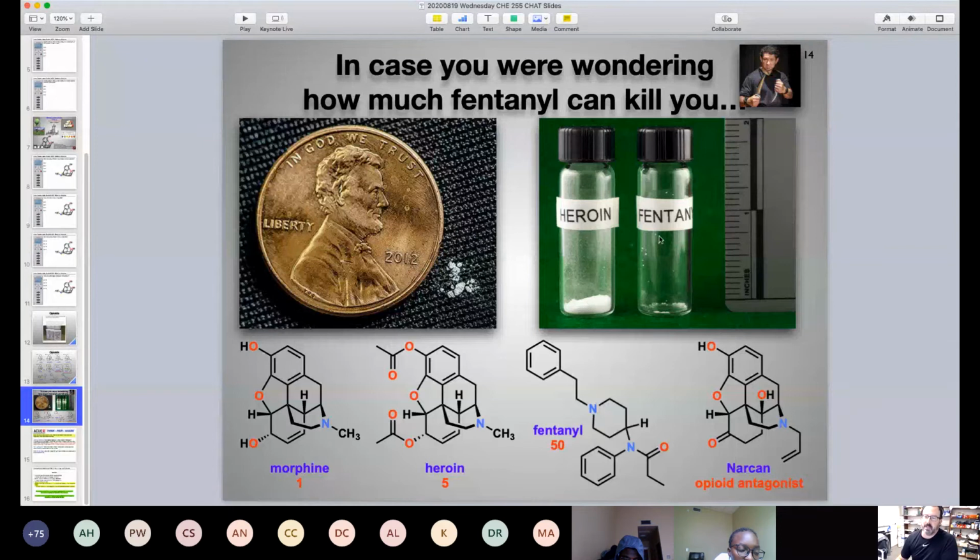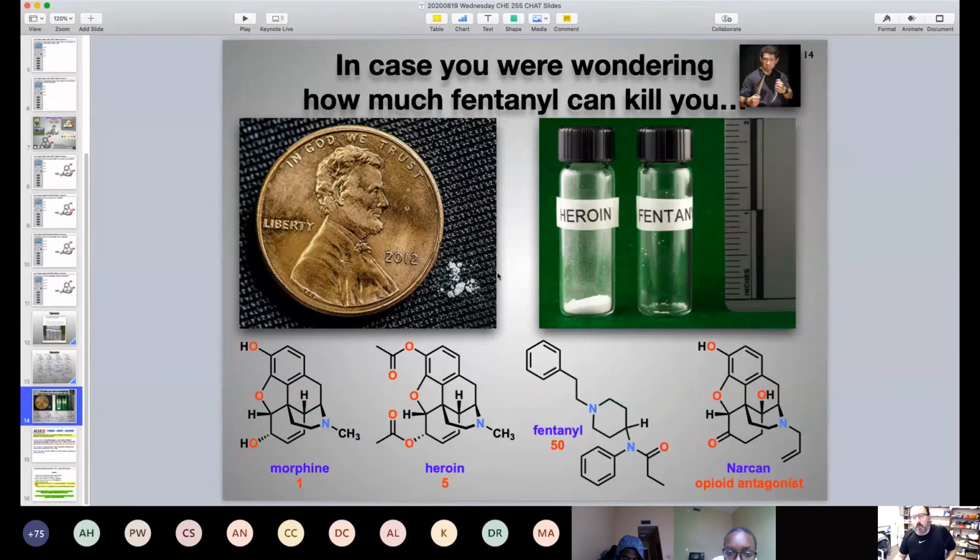The vial to the right is the amount of fentanyl. So you can see you could probably count these specks. 1, 2, 3, and so on. And there it is, these specks laid next to a penny. Look at it in relation to that date. If you have an idea about how big that date is printed, that's not much fentanyl.